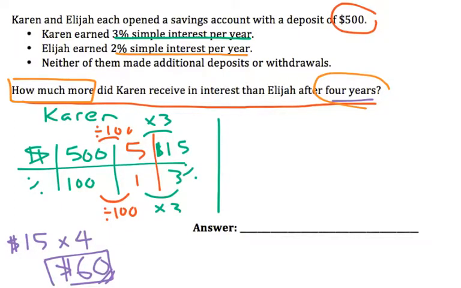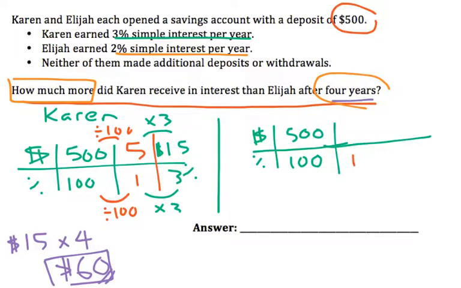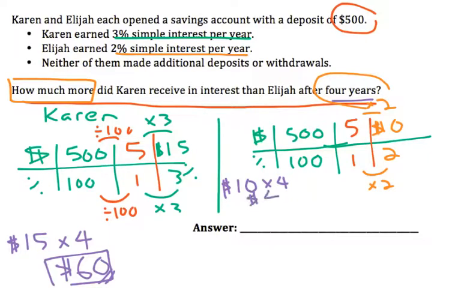Elijah starts off with the same amount of money, $500, which would mean you'd have the same unit rate. $5 is 1%, but then he's only making 2% per year on interest. So we're going to scale up by 2, which would be $10. But just like Karen, he's going to take those $10 and keep it in the bank for 4 years. So that means he's going to earn a total of $40.